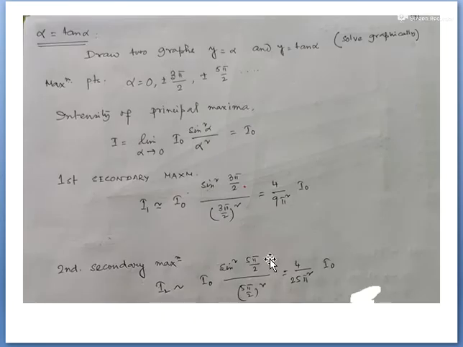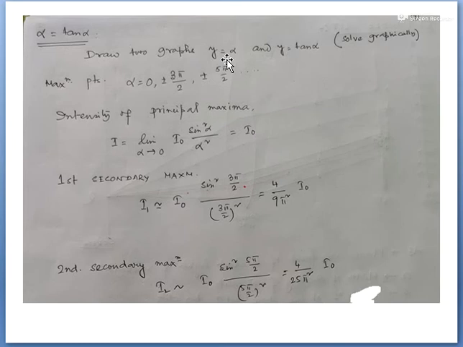Next I come to the condition alpha equal to tan alpha. To calculate those maxima points, I have to draw two curves. One is y equal to alpha, which is a straight line because y equals x with slope 1.